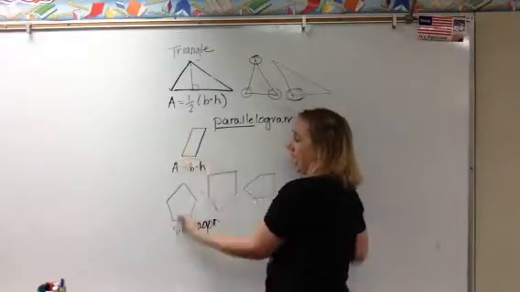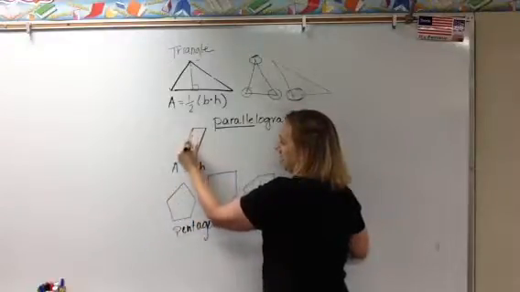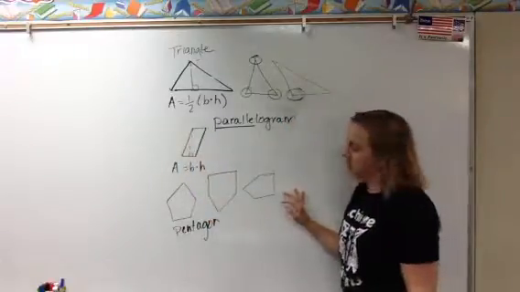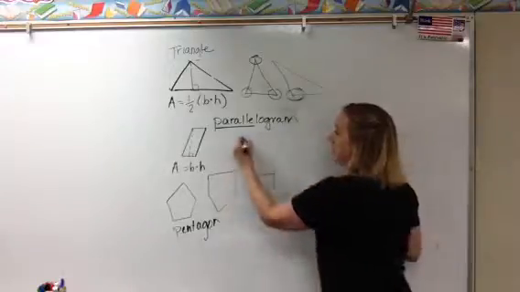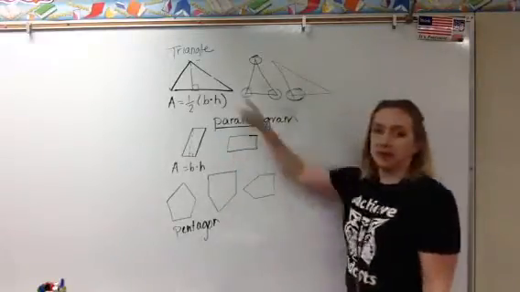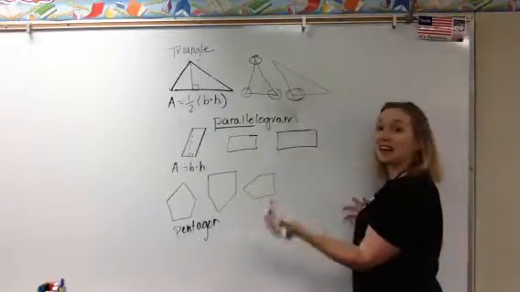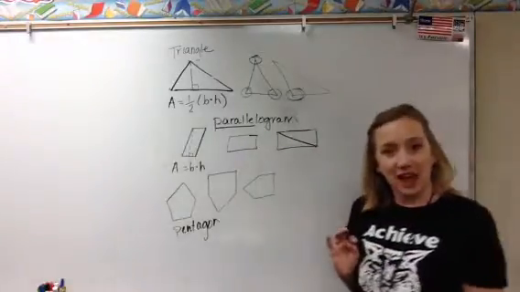Here, I don't necessarily have my height identified. In order to do that, I can just draw the line, and then typically you will receive a measurement. Other types of parallelograms can be a square, and like we talked about up there, a rectangle. Again, a triangle is a parallelogram cut in half.